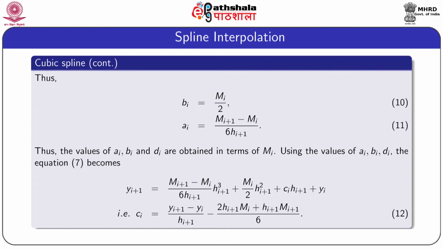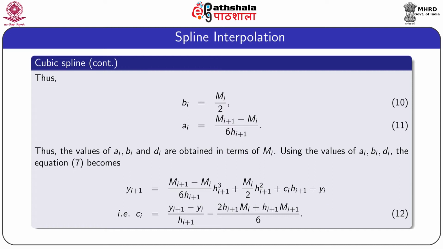So, up to this portion we obtain the values of a_i, b_i and d_i in terms of M_i, but the M_i are not known quantities, these are unknown, these are nothing but the second order derivatives of phi(x) or y(x). Using the values of a_i, b_i and d_i, equation 7 mentioned in the previous slide becomes y_i+1 equal to (M_i+1 - M_i) divided by 6 into h_i+1 into h_i+1^3 plus M_i by 2 into h_i+1^2 plus c_i h_i+1 plus y_i.